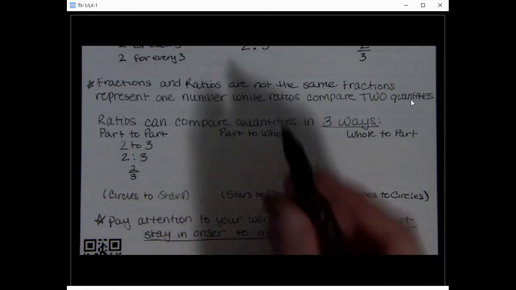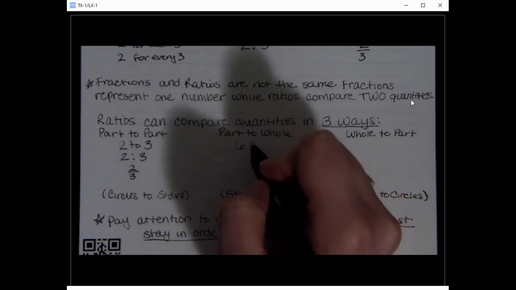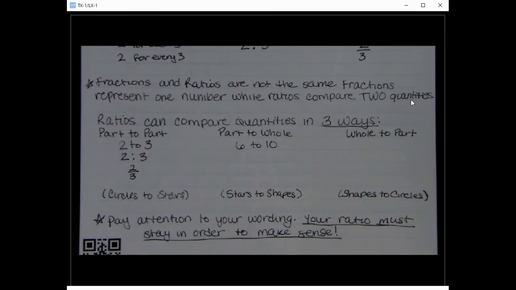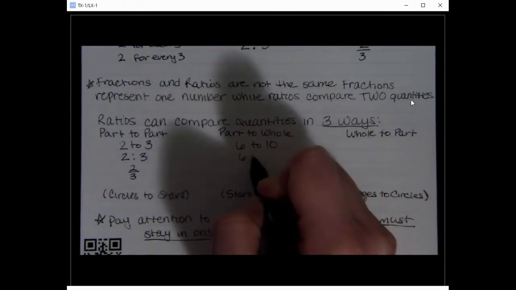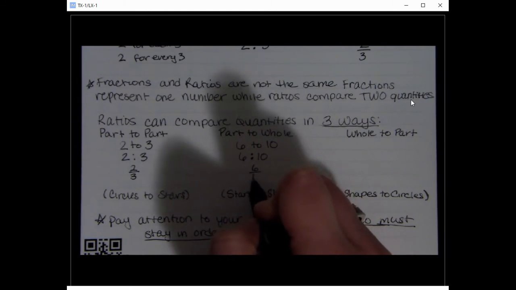And the amount of stars that I have is 6 altogether. And that is 6 to 10. You can, of course, simplify it. I'm just going to write it this way for the purpose of showing you where these numbers come from. I can also use my 2 dots again or make it into a fraction.